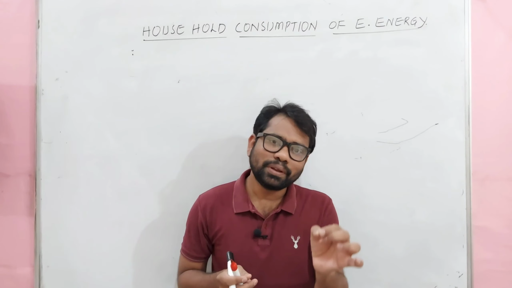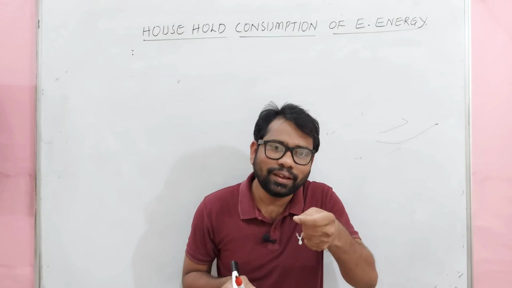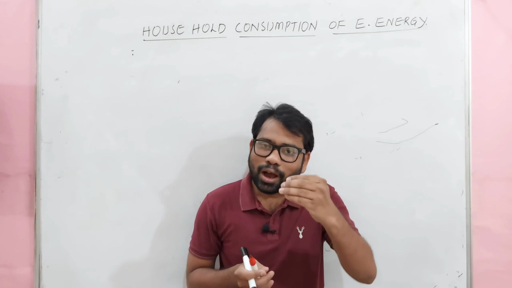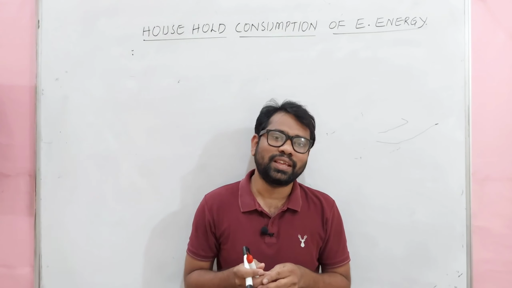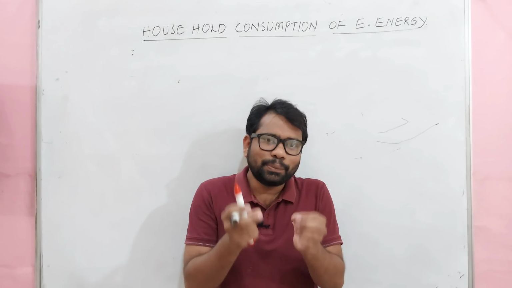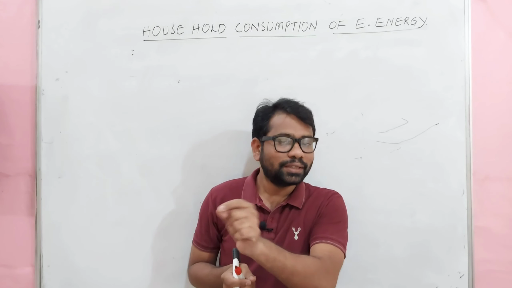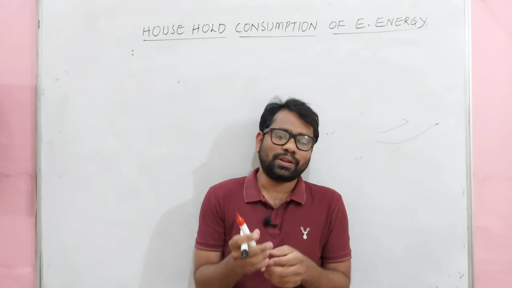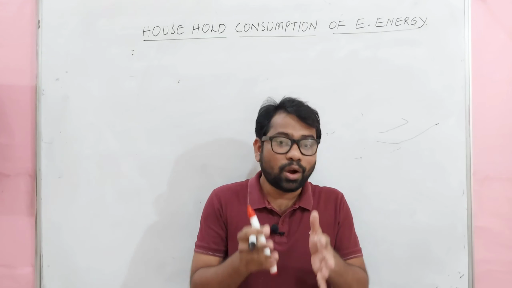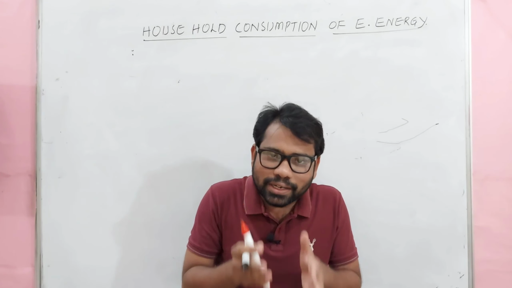Dear children, every month we pay the electricity bill. On what basis are we paying? We are paying the electricity bill for the electrical energy consumed by the electric appliances which we are using. But how can we calculate the electrical energy consumed?